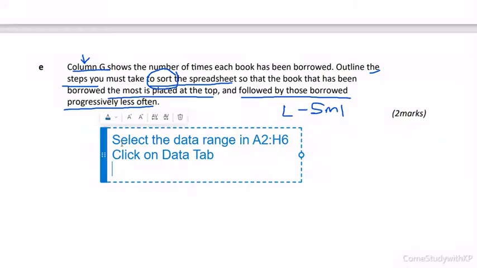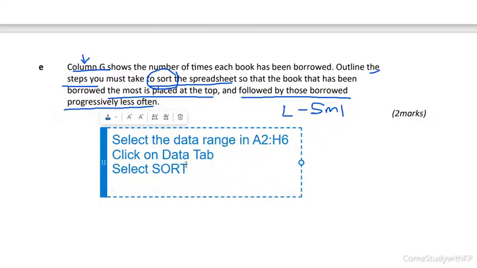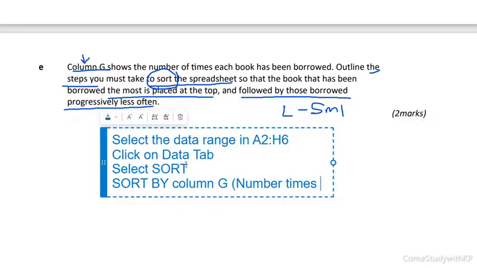Once we've selected that, we now select the sort option. Select sort, then when the menu comes up, we select sort by the G column, or column G and whatever the column name would have been. So in this example, we didn't give it a name. So in that column, we would have had the number of times borrowed.